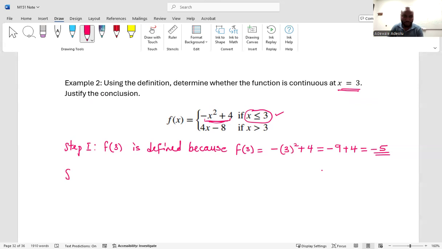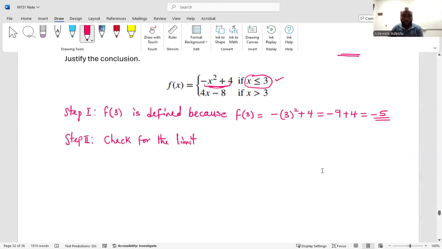So let us go to step 2. And what is that? We need to check now if the limit exists. So we compute the limit.